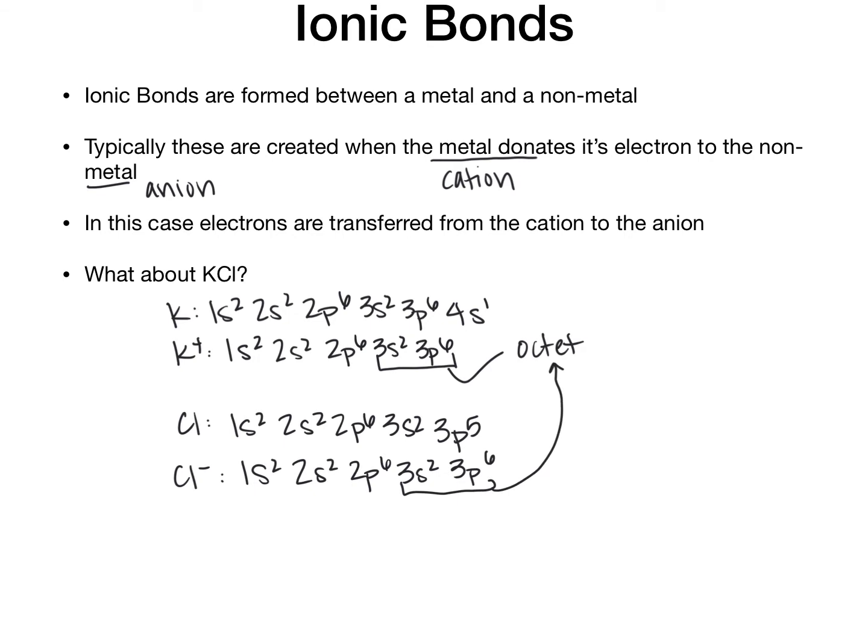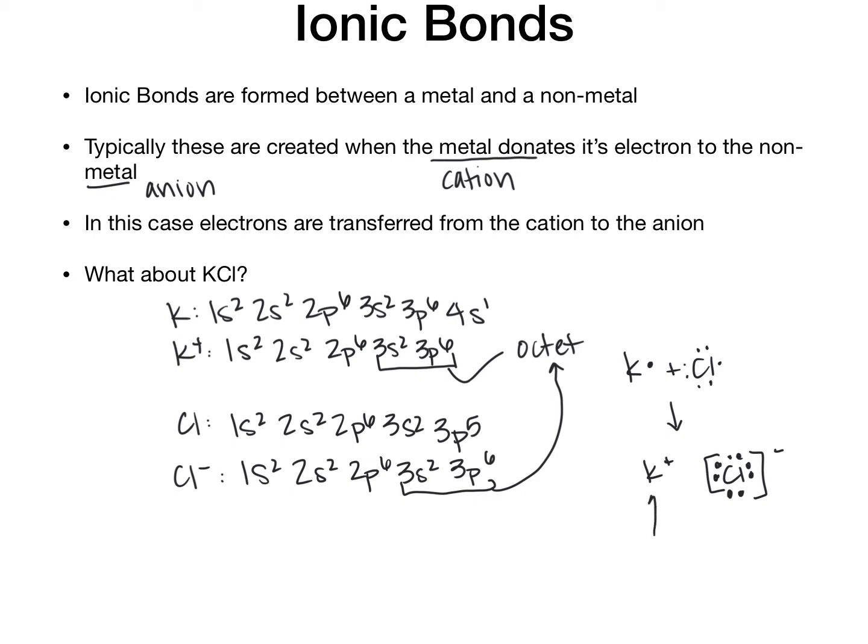We can draw this as K with a single electron plus chlorine with 7 valence electrons to get K plus and Cl with 8 valence electrons, in a bracket with a negative charge.